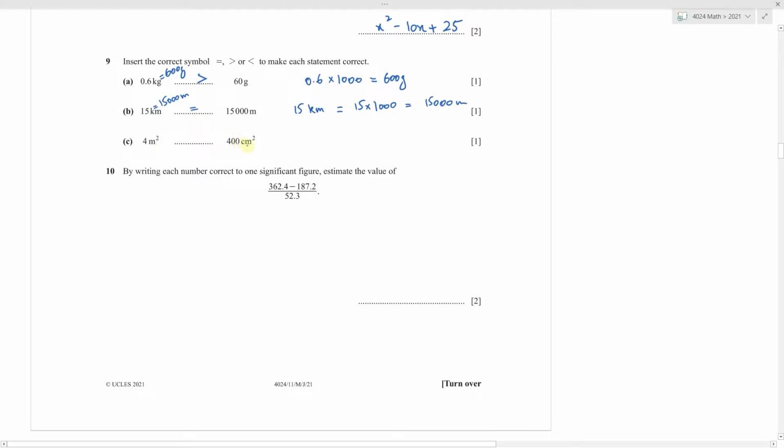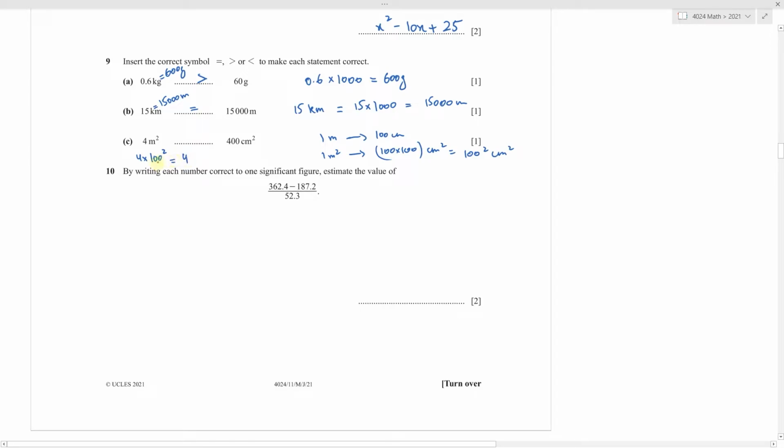4 meter square and 400 centimeter square. So we know that 1 meter is 100 centimeter, and then 1 meter square will be 100 multiplied by 100 centimeter square. So 4 meter square will be 4 multiplied by 100 square.